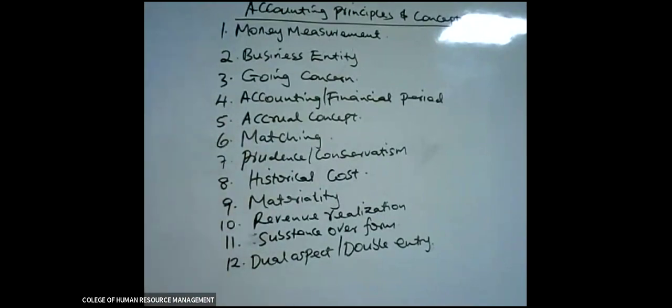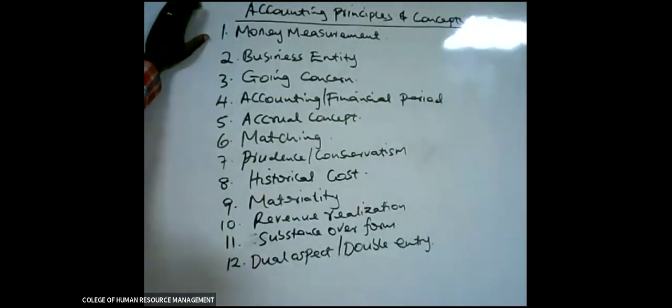Explain the meaning of the following accounting principles and concepts. 10 marks. So you need to understand what they mean. Remember, these are like the guidelines on how accounting transactions should be treated in the books of accounts. So I can give you a summary of this.